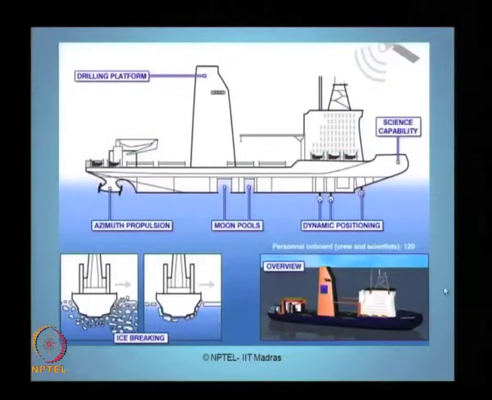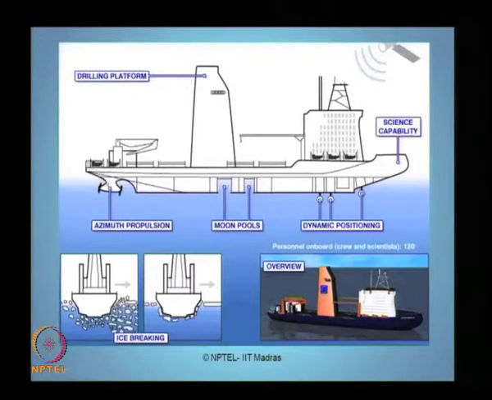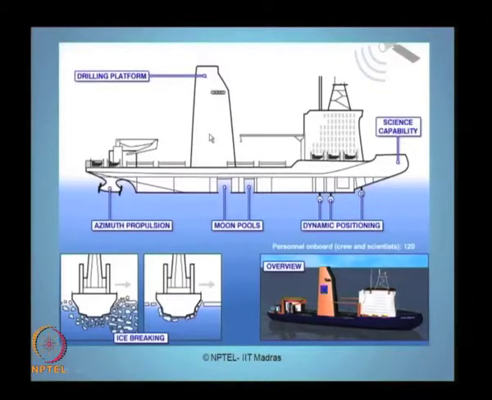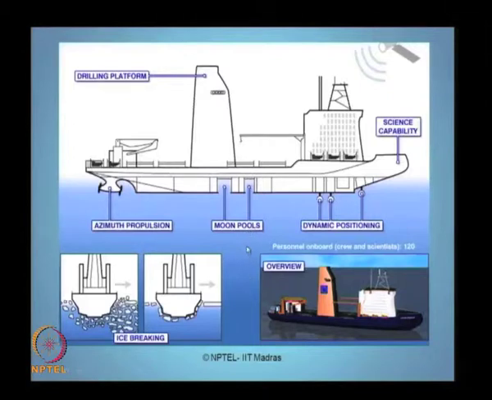Here is a conceptual picture of a drill ship which you see here. As I said, it is a conventional form of a large vessel, a ship shaped vessel. The vessel contains a derrick which is necessary for doing drilling. I put them as a drilling platform. The vessel also has moon pools, which are nothing but holes created through the hull through which the drilling risers will run.